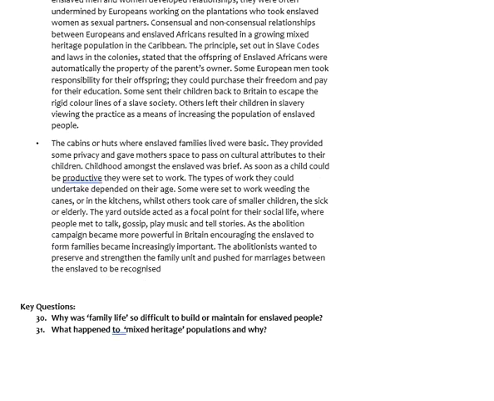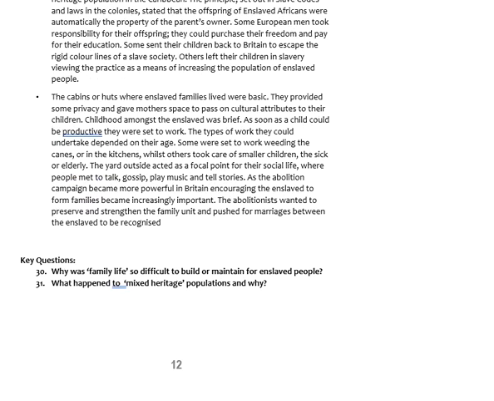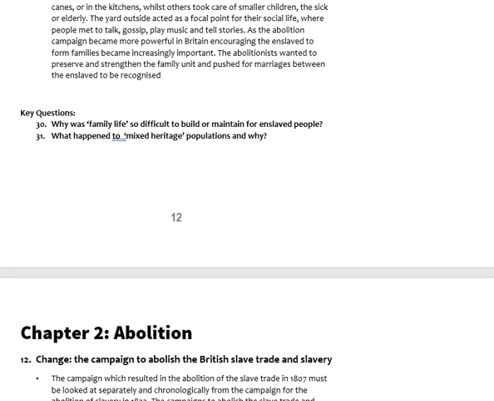Enslaved families. Again, family life was very difficult for enslaved people, part of the kind of horror of being enslaved. And the nature of family changed during the period. Being mixed heritage, or just because you had a white parent, and this was quite common, sadly, in the Caribbean because of the use of sexual assault and rape by enslavers.